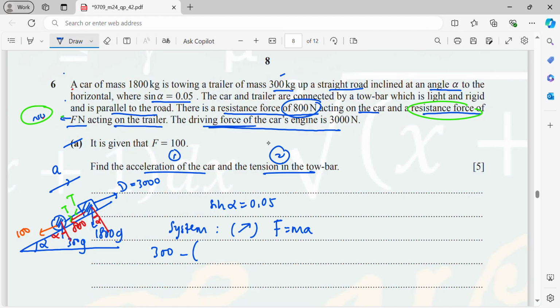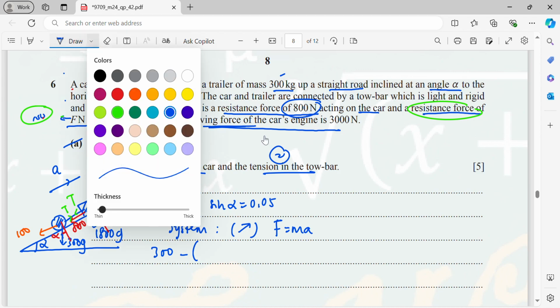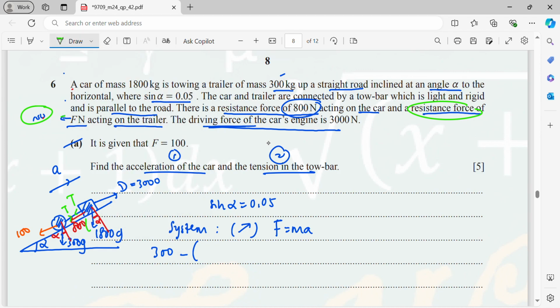I will resolve this 1800g parallel to the plane. The 300g will be resolved as well. After you resolve, the rest of the forces will be in the opposite direction of the driving force.